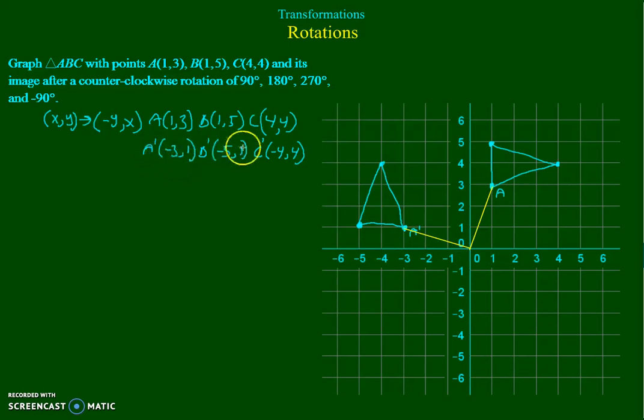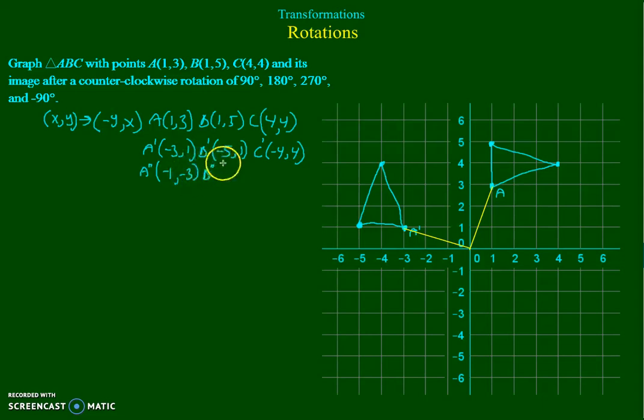We're going to take these points now, and we're going to apply this transformation rule to get a 180-degree rotation. So let's go back to our white. A double prime then is going to be negative y, x.